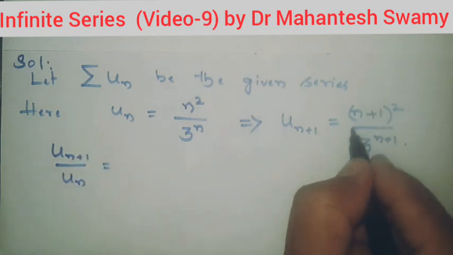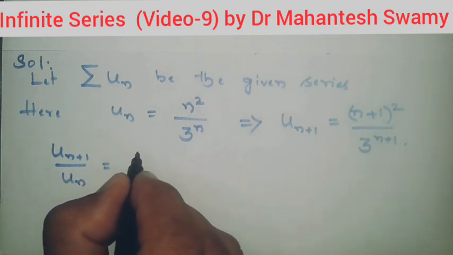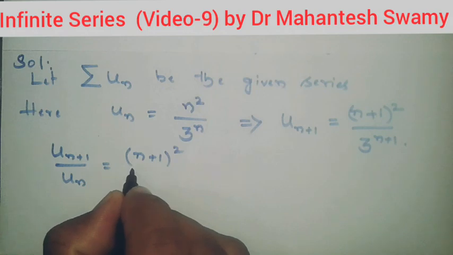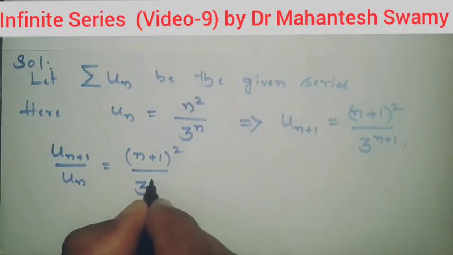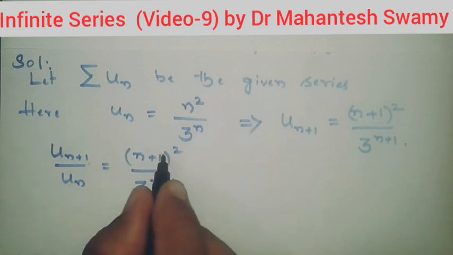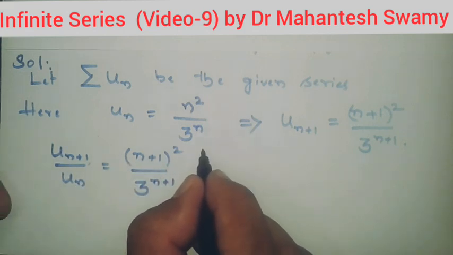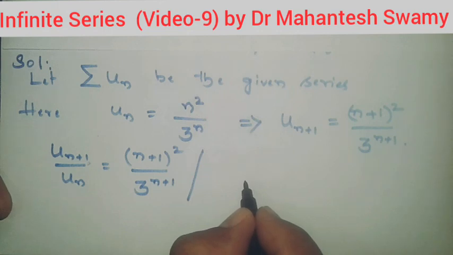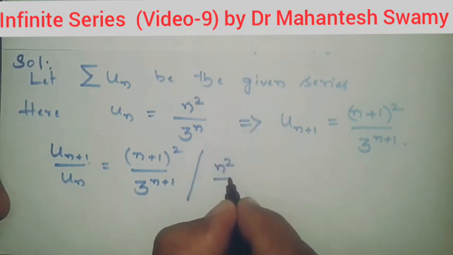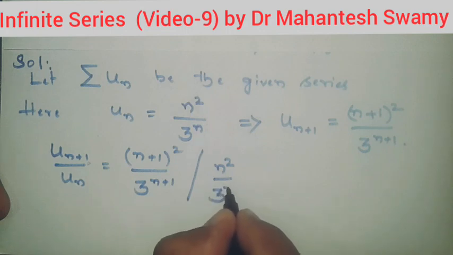So first let us write down what is un plus 1. It is n plus 1 whole square divided by 3 to the power n plus 1. So we have written the numerator here, divided by, I am writing whole divided by, the denominator n square divided by 3 to the power n.